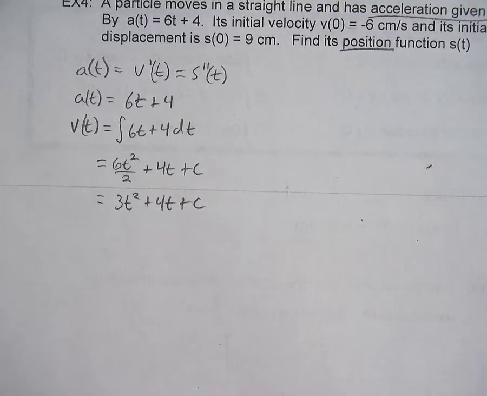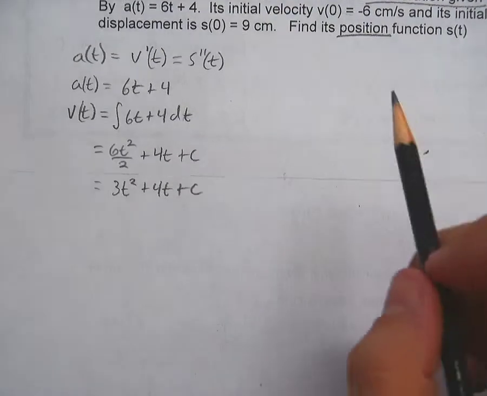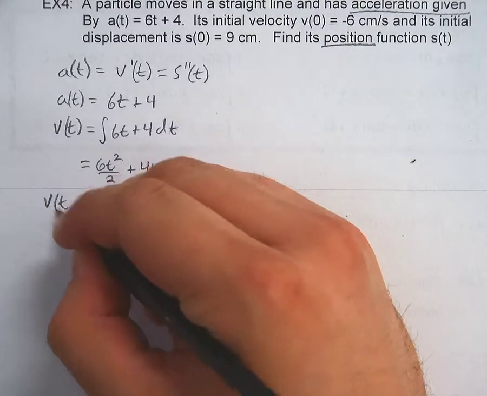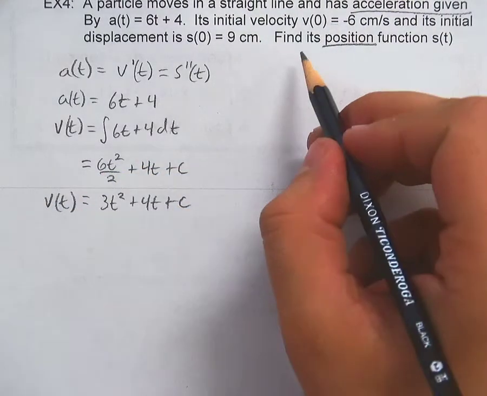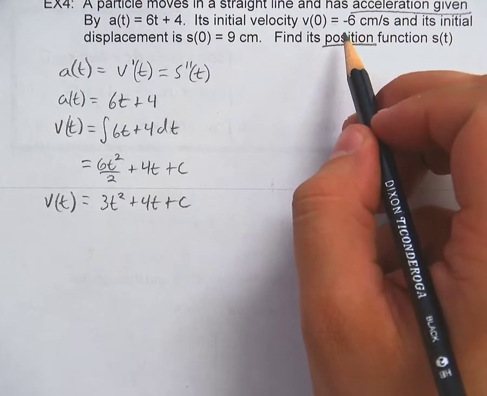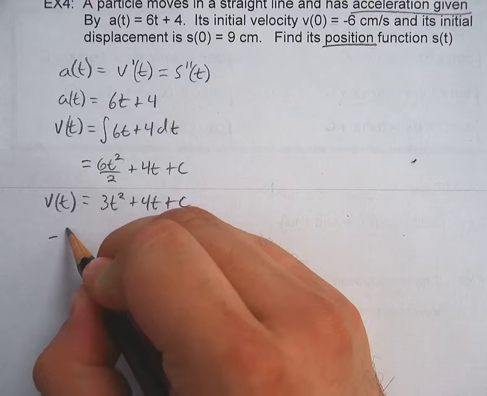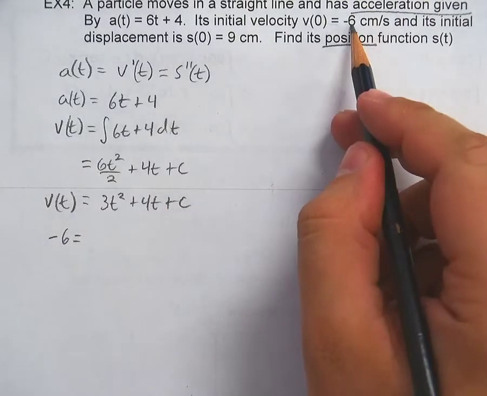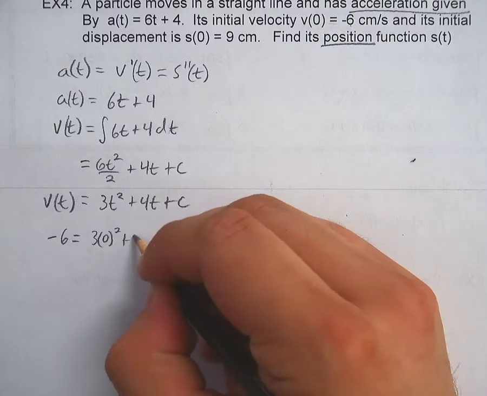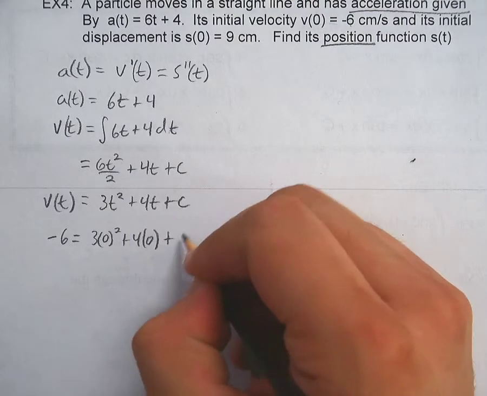And what they have done is they have given me an initial condition. They said that my velocity, I have my velocity now, this is v of t, when your t is 0, velocity should be negative 6. So I'm going to set this to -6, my velocity, plug in a 0 for t, and solve for c.